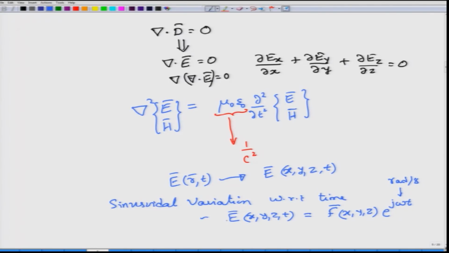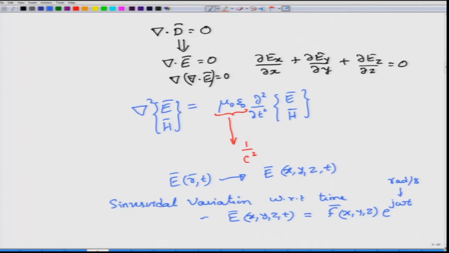Now, can I look at this equation and substitute it into the wave equation? It is possible for me to do so, and when I do that, what I actually end up with on the left hand side is this del square f, and please remember, f is not a function of time. E is a function of time, but f is not a function of time. But on the right hand side, because there is a second derivative with respect to time, the first time you differentiate this E field with respect to time, you will pull out j omega.